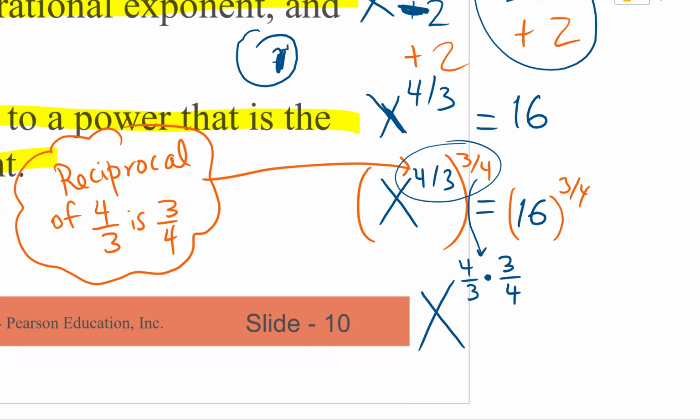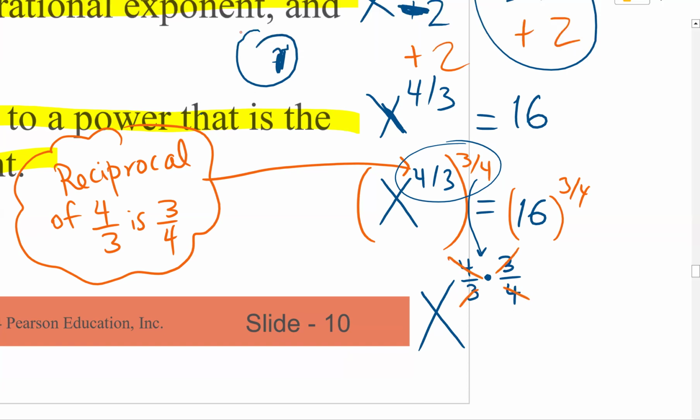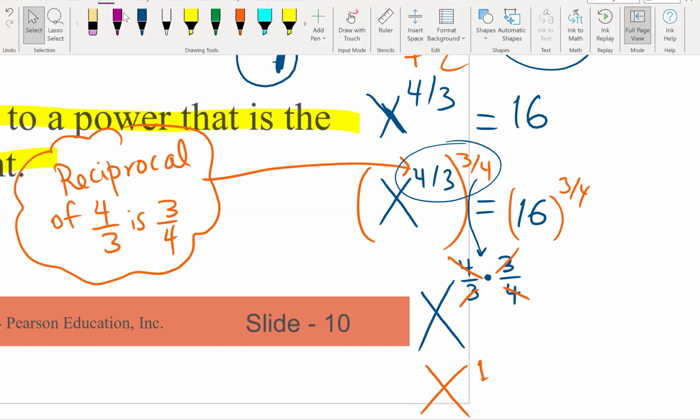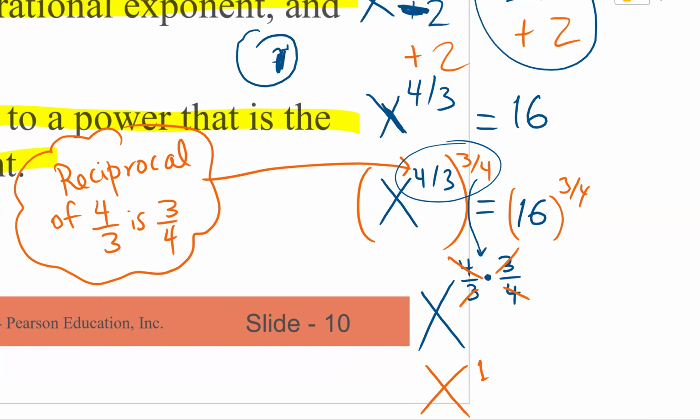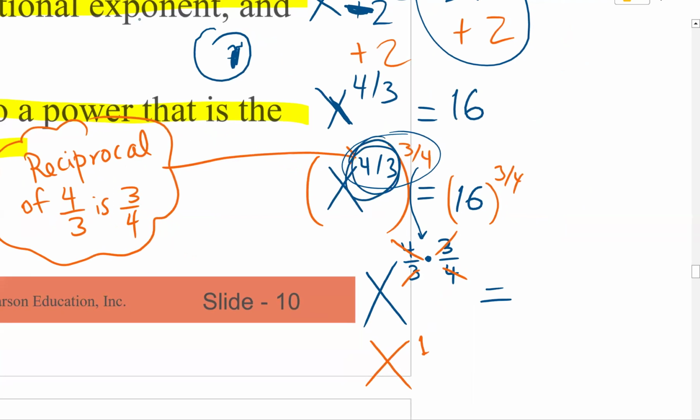And if you multiply 4/3 by 3/4, or any number by its reciprocal, everything's going to kind of cancel and leave you a 1 power. So this just becomes x to the 1 power, which is nice. That's just x. That's what we wanted. So I guess we were just trying to think, what can I multiply this fractional power by and get 1? That would be the reciprocal.